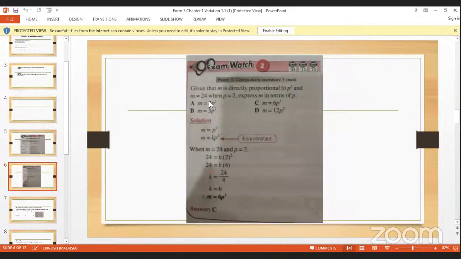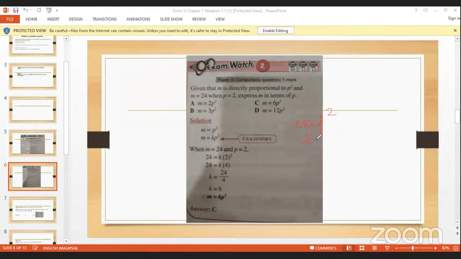The second example question. Given that m is directly proportional to p squared and m equals 24 when p equals 2, express m in terms of p. So m equals kp squared.